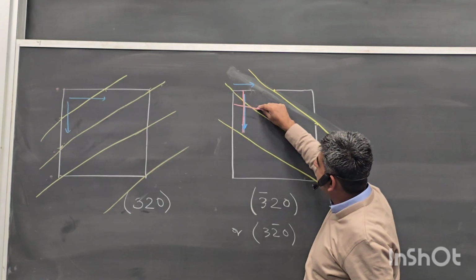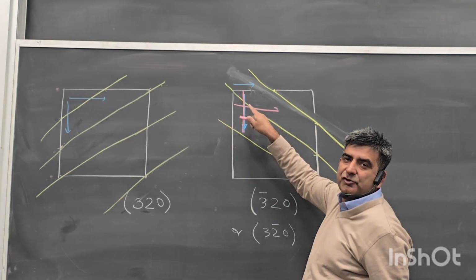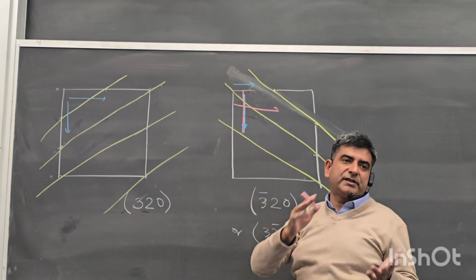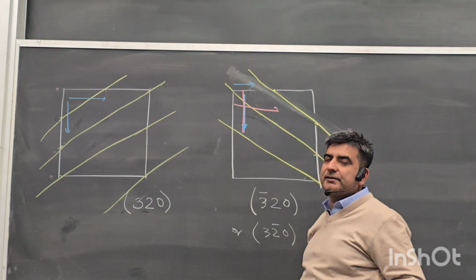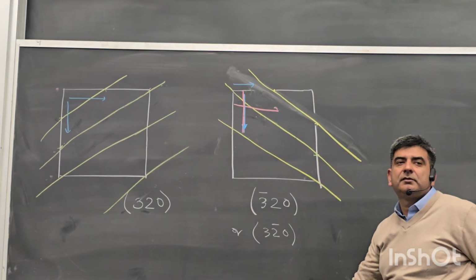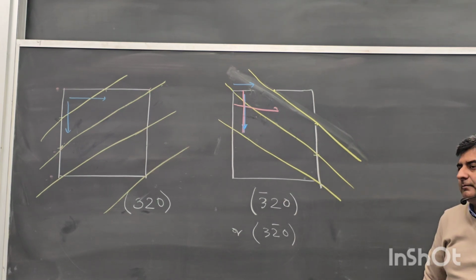But when I move along the B axis, I'm hitting the surface first from the bottom. So I'm hitting the surface from two opposite sides when I move along B. Therefore, these indices cannot have the same sign. They must have different signs. Accordingly, that is equivalent to bar 3 bar 2 as well. Right, exactly.